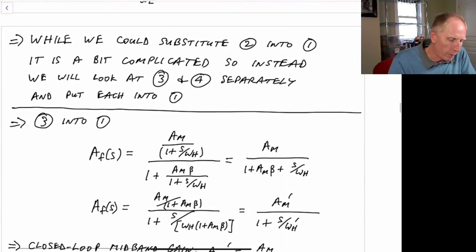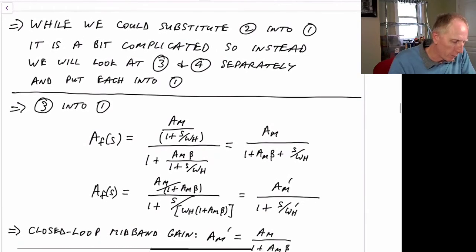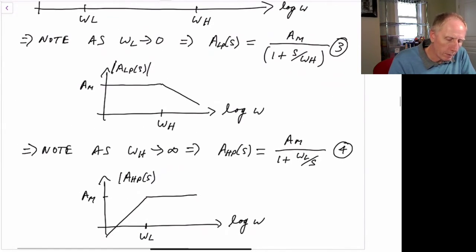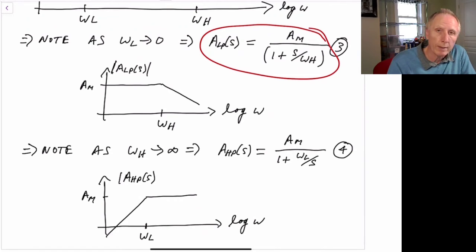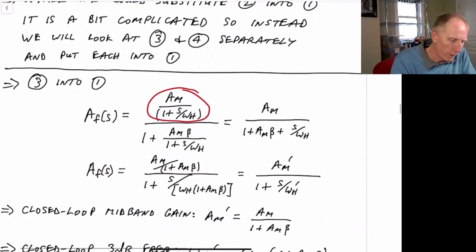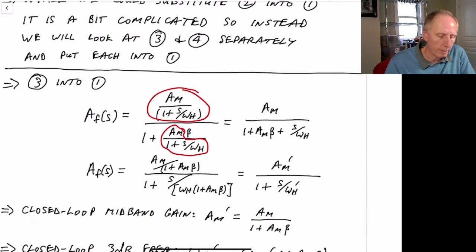So let's start off doing the low pass case. We're going to substitute 3 into 1. So now this becomes the A sub LP, this equation here that we're substituting in for A of S. So we have A of S divided by 1 plus A of S times beta.